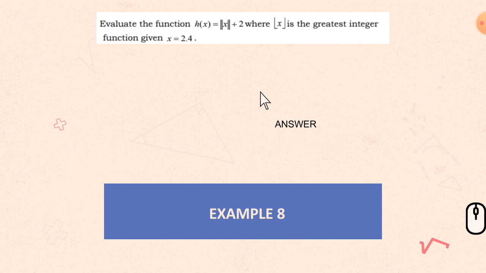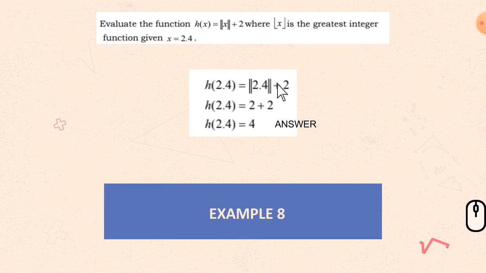So yung value daw ng x natin doon is 2.4. So kapag nakakita tayo ng ganyan, yung greatest integer function, we need to round off yung value ng x natin to the highest coefficient.